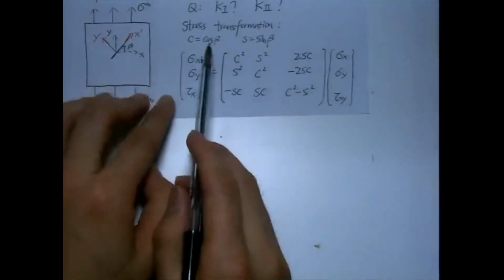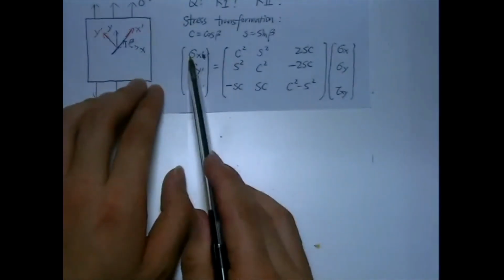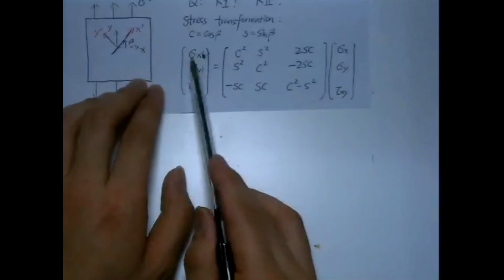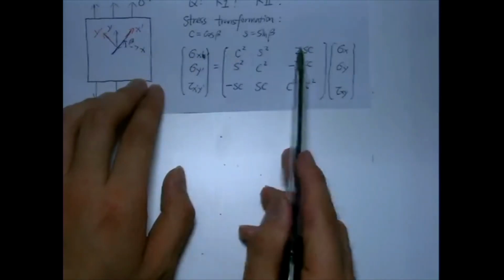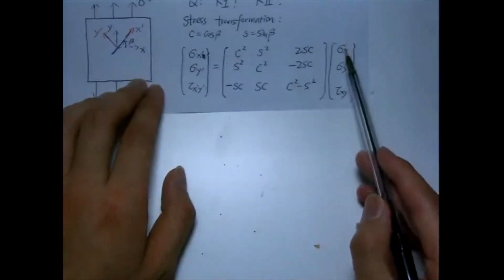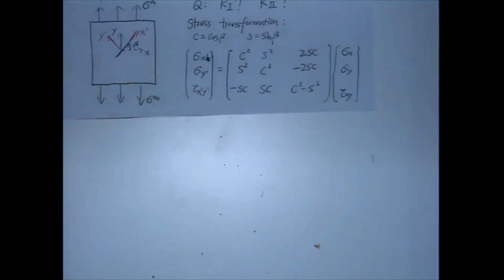So what you need to do is just substitute these C and S into that rotation matrix, then do that calculation, sigma xy times this line, multiply that line. That's matrix calculation. So let's work out the answer.